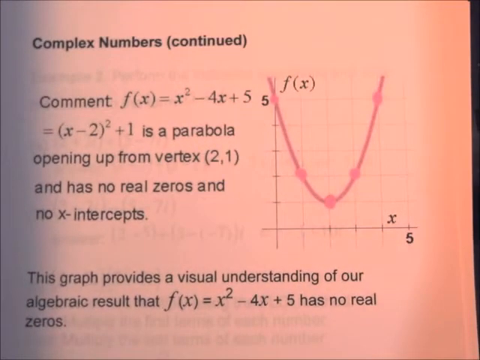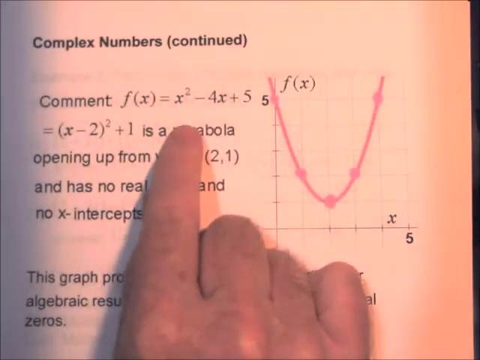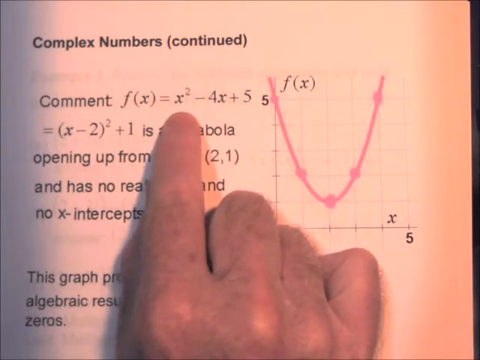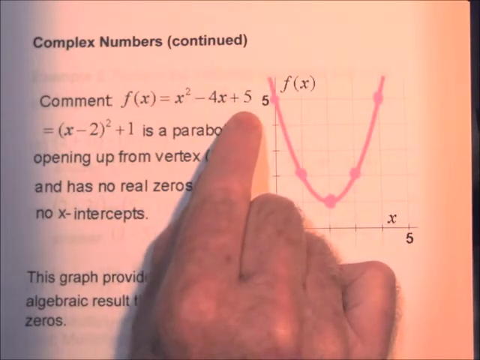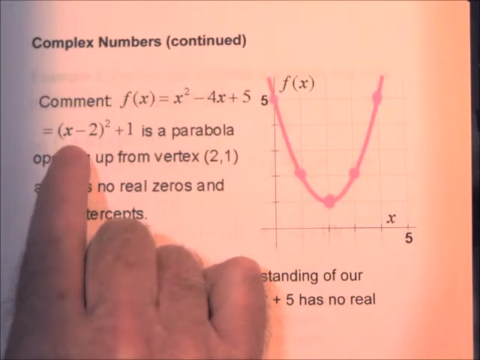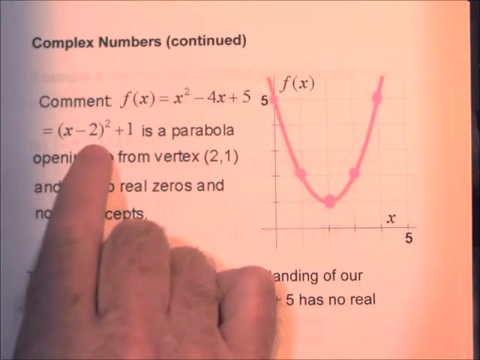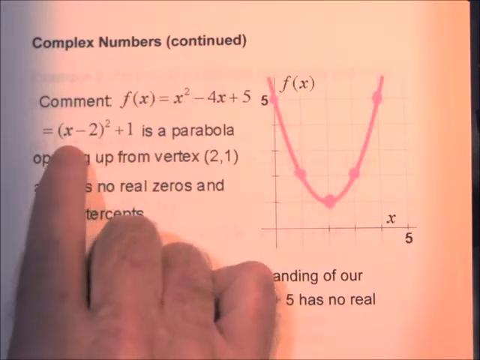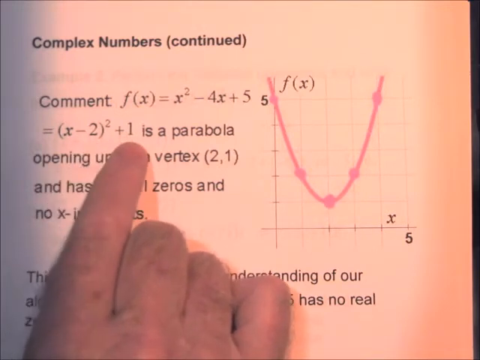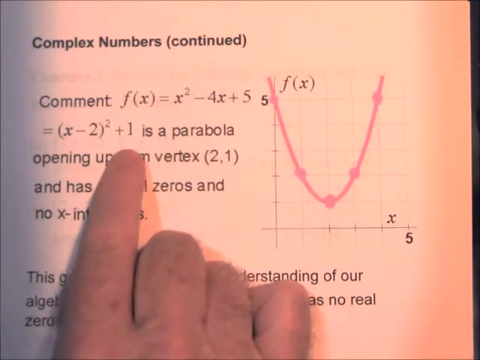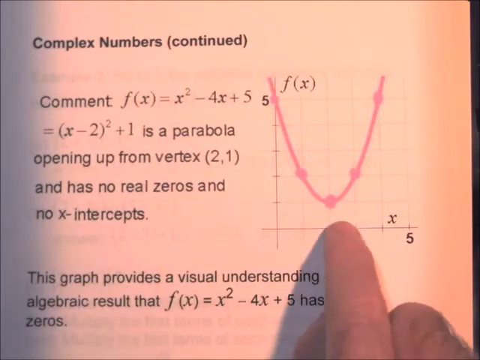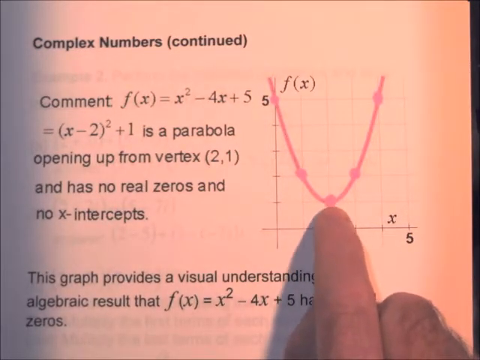Just a comment here. The graph of f of x equals x squared minus 4x plus 5 is, if you write it in vertex form, x minus 2 quantity squared plus 1, you can see it's a parabola opening up with vertex 2, 1. So there's going to be no x-intercepts.